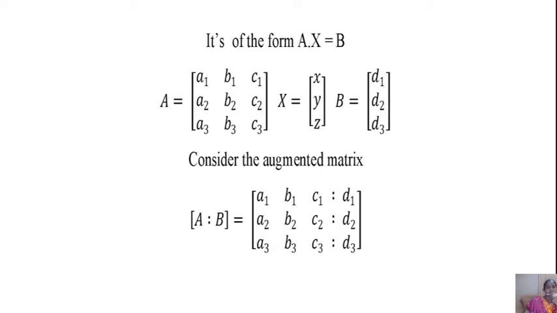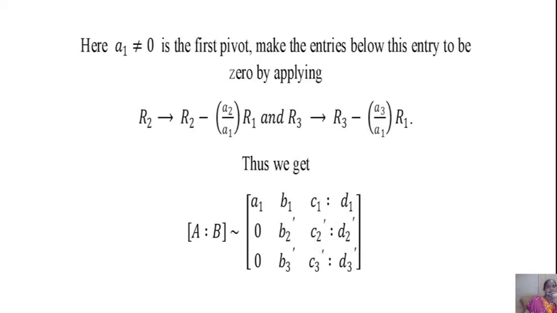Now consider the augmented matrix in the form A colon B: a1, b1, c1 colon d1, a2, b2, c2 colon d2, a3, b3, c3 colon d3.